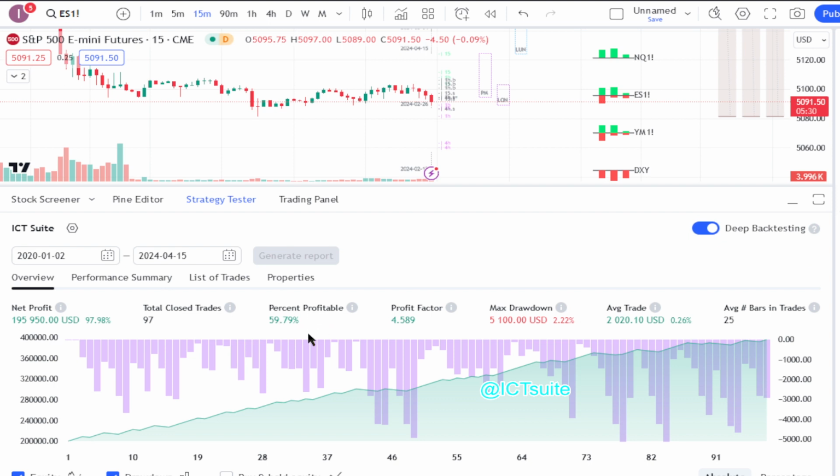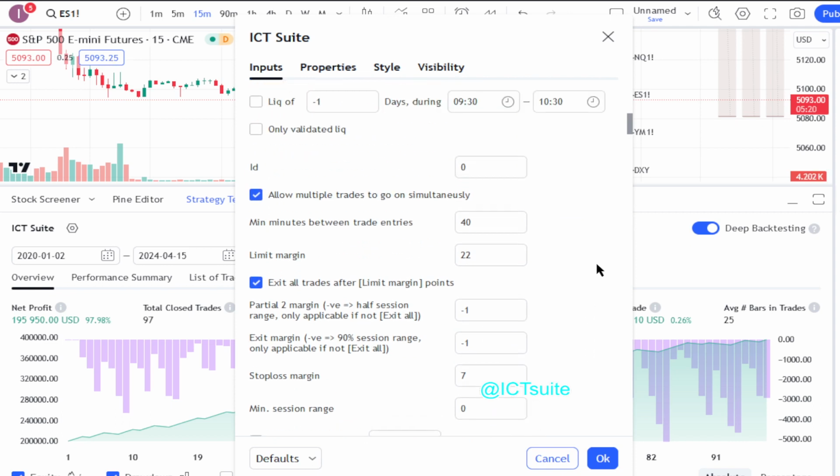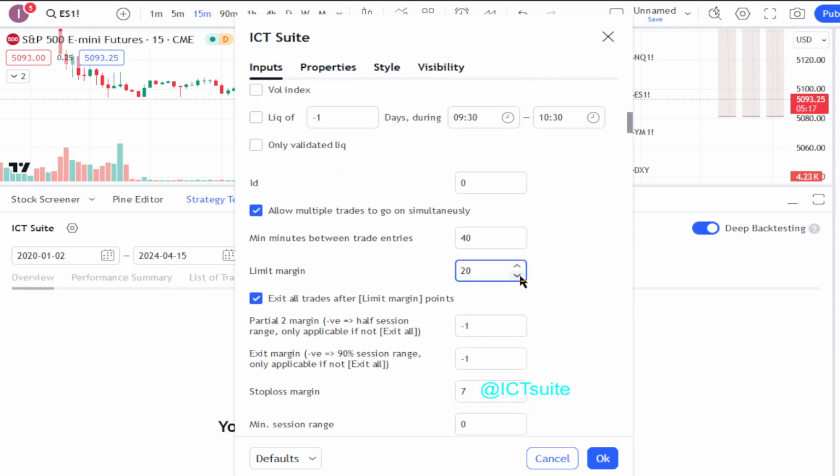59, so we increase in win rate slightly, so it's not much difference. So let's go to like 18 instead.